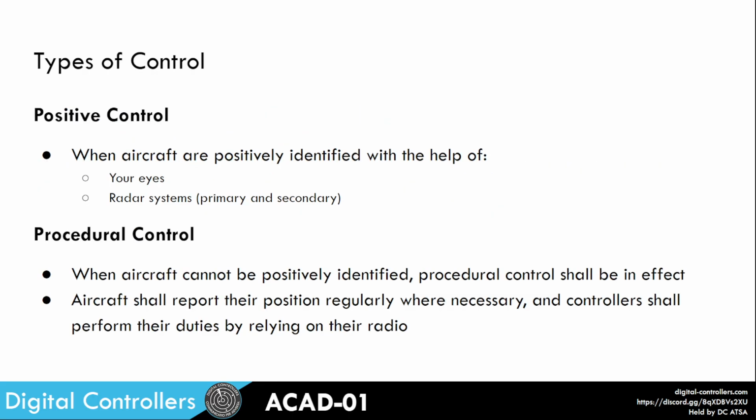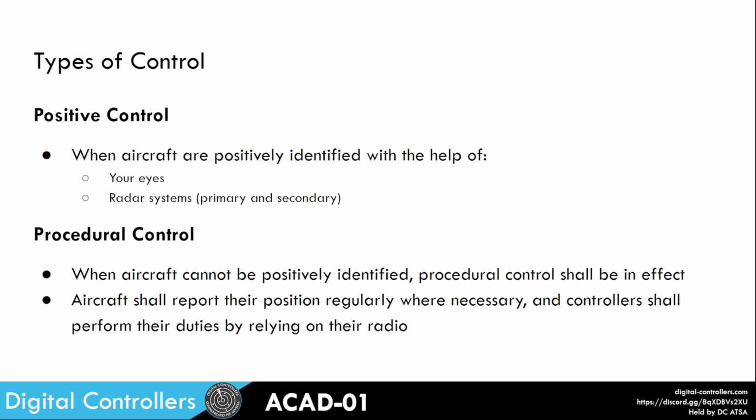To accomplish these goals, there are two types of control that we can use. We have positive control, where we positively identify aircraft and we know where they are at all times.